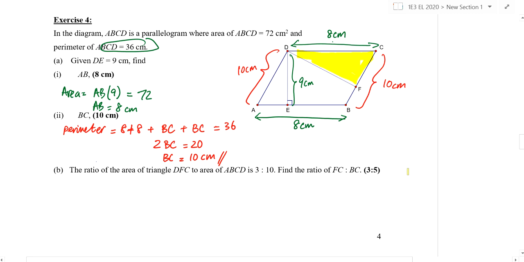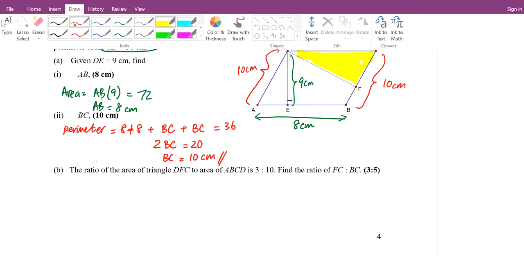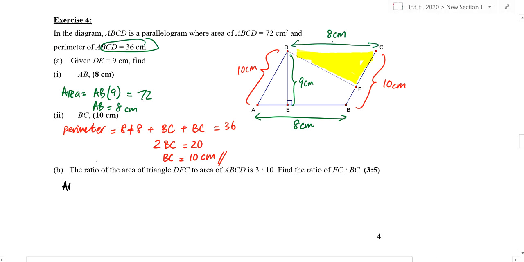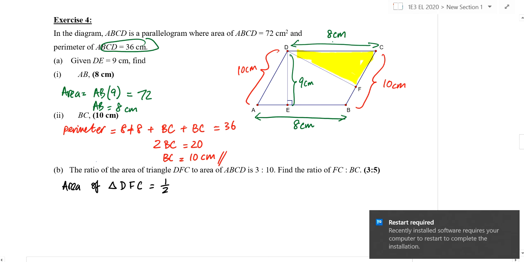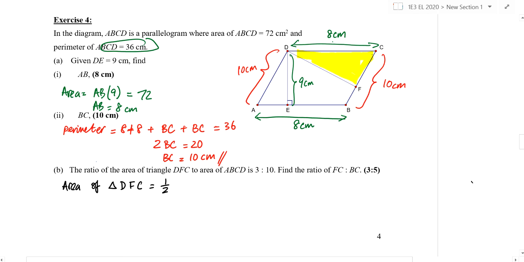Now, the area of triangle DFC is given by half times the base. For a triangle there are many bases that we can choose, but we would want to consider a base that is given in the question.